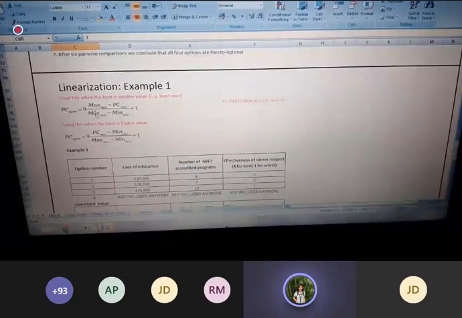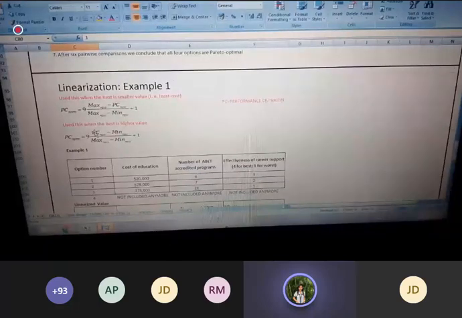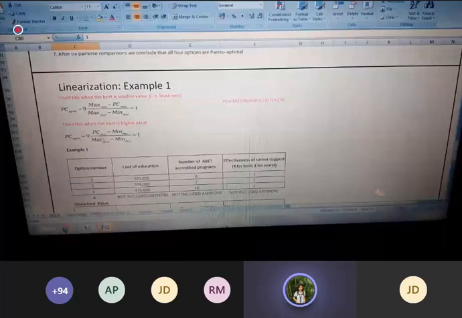So we will be using this equation. When the higher value is better, we use this equation. Let's say, for instance, the number of accredited programs. The higher, the better. So this would be the equation for that.